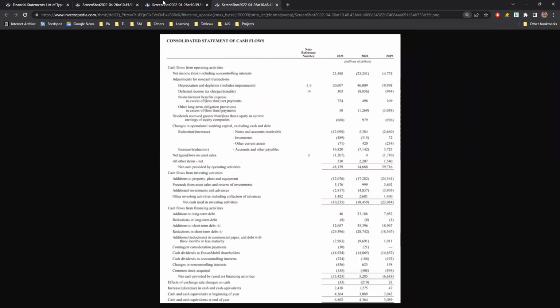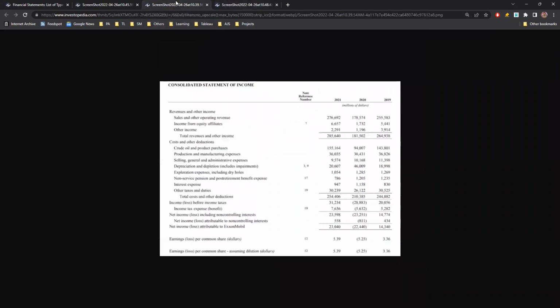Okay, if you notice the previous income statement that we were looking at, there was one particular element related to short-term debt and long-term debt. Yeah, it's basically the interest expense.